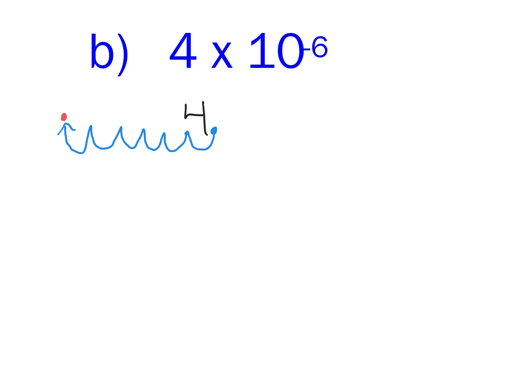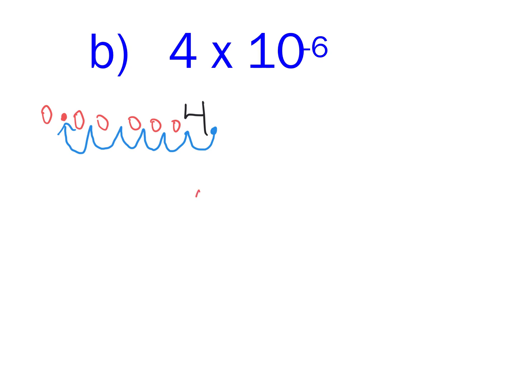How many zeros go between the decimal and the 4? 5. Right. So there's 5 zeros between the decimal and the 4, and the 0 before the decimal.